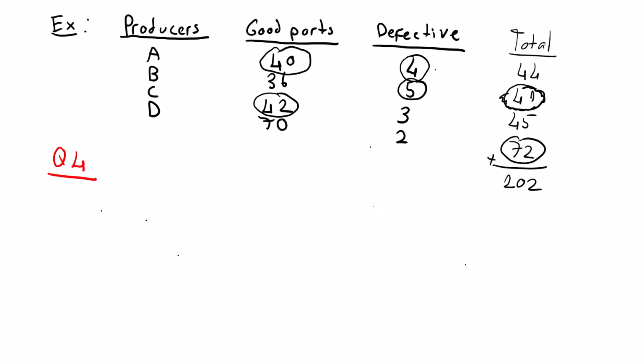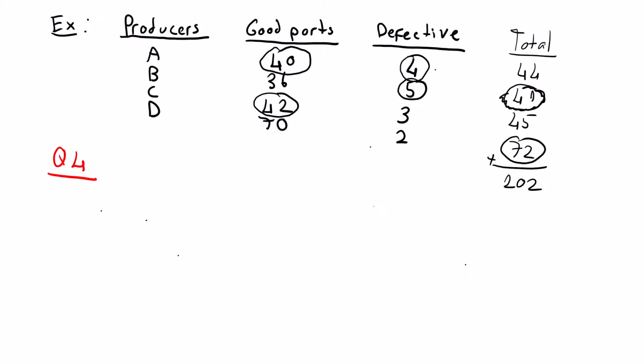So on the next problem, which is question number 4, we'll be adding an interrelated condition. Let's work on an example to see what an interrelated condition is. Let's assume that those 202 parts described in the table are gathered together, so they're all kept in the same container.